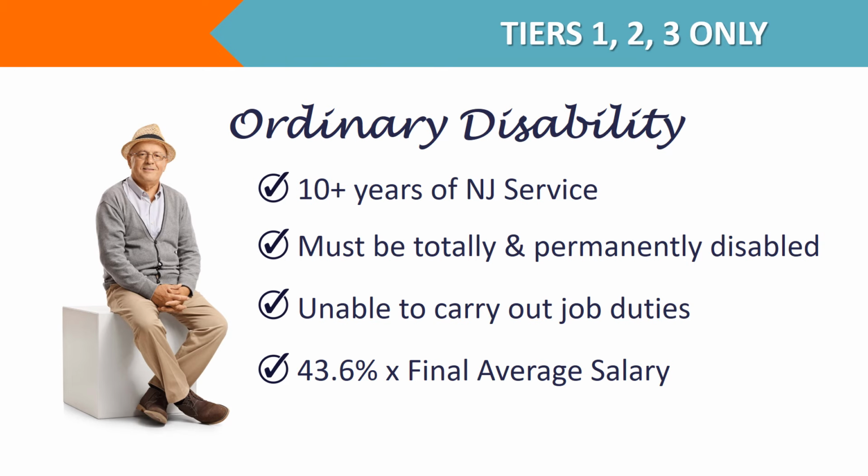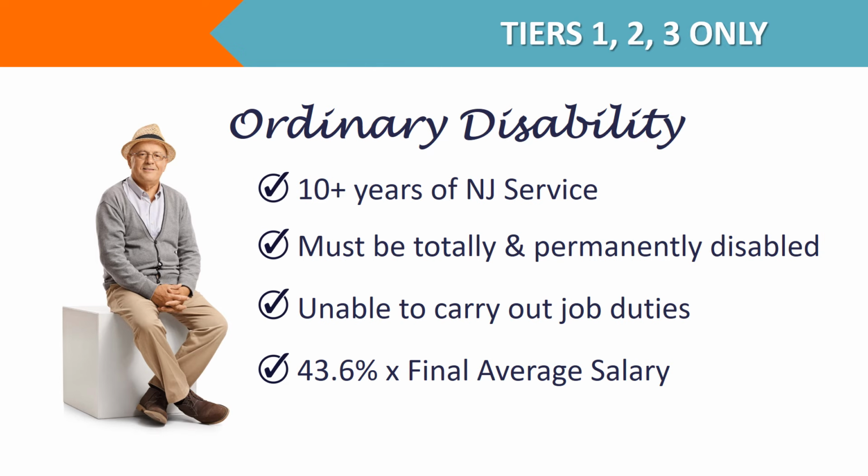It is not just having a vested account, but at least 10 years of your credited service must be from New Jersey. Also, you must be totally and permanently disabled and unable to perform your regular job duties, and your employer states that there is no other position available for you with that condition.